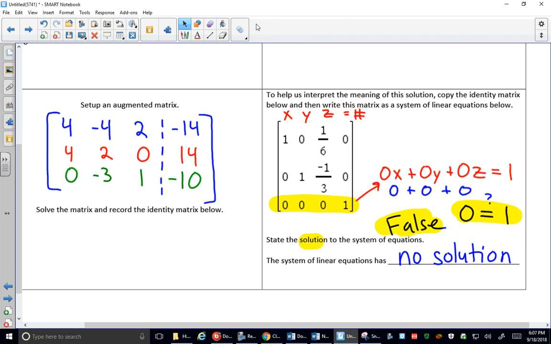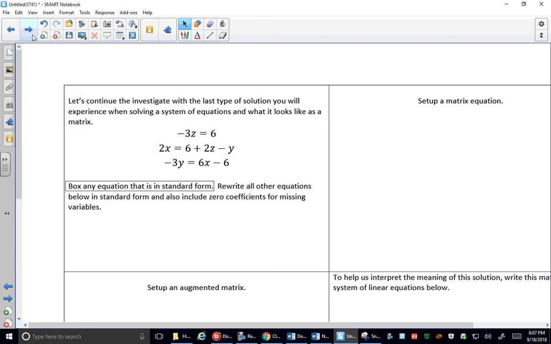Okay, let's take a look at a third example, which if we can guess, it's going to be infinite solutions, but how do we see that one? Okay, so the top equation, none of our equations are in standard form, but this one's kind of easy.